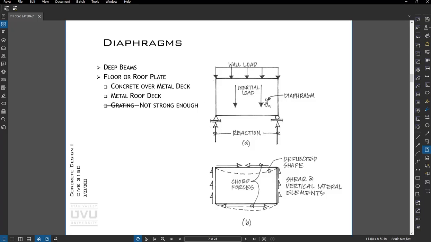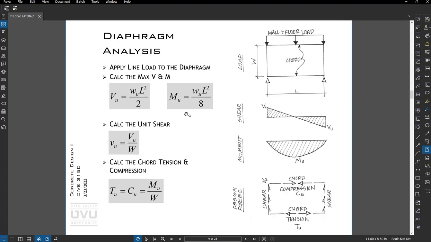So if we treat it like a beam, we can analyze it like a beam. We can basically calculate the shear, or do a shear diagram like we normally would. We can do a moment diagram, and then we'll look at unit shear. Usually that's the easiest unit to work in. And then a tension and compression in the chord due to the moment. We can calculate that just by dividing the moment we calculate here by the depth, W, here.